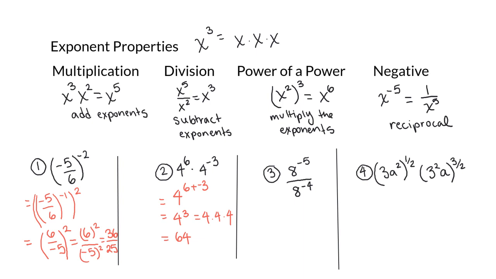Example 3, this is an example of the division property. So with division, we subtract the exponents. So in this division example, I did 5 minus 2 to get 3. Here, we're going to have our base of 8, and then subtract the 2 exponents, so negative 5 minus negative 4.